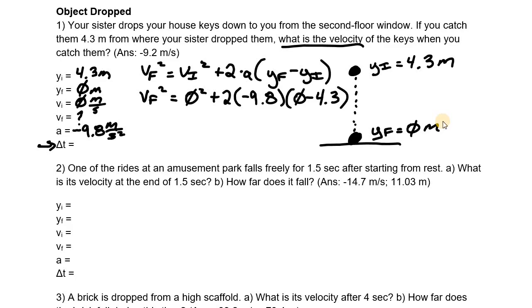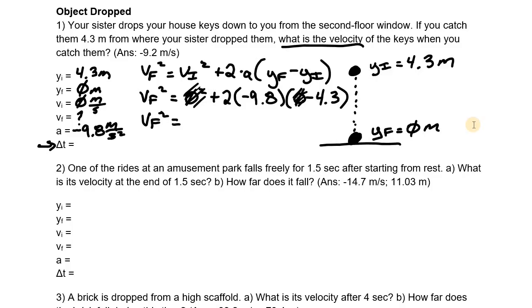We have 0 minus 4.3, or we could just call this a negative 4.3. They're the same thing. So what we have is a positive 2 times negative 9.8 times a negative 4.3. A positive times a negative times a negative should result in a positive answer.